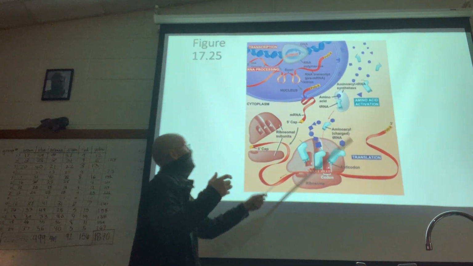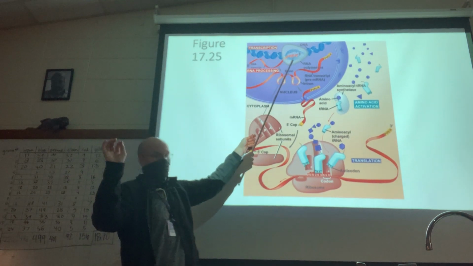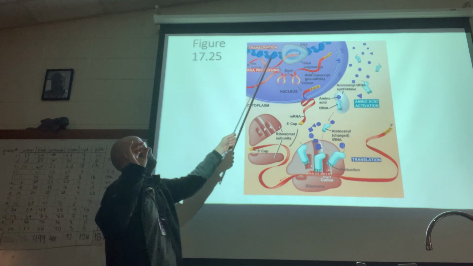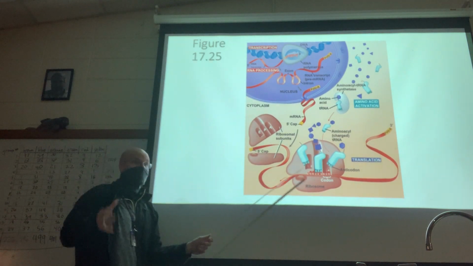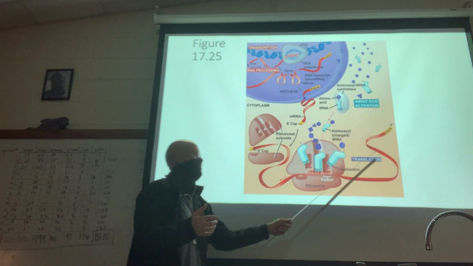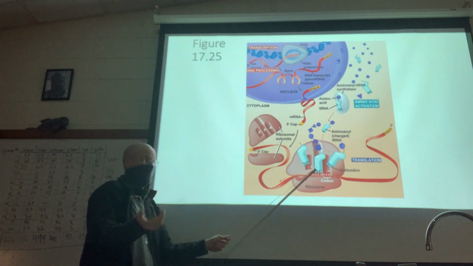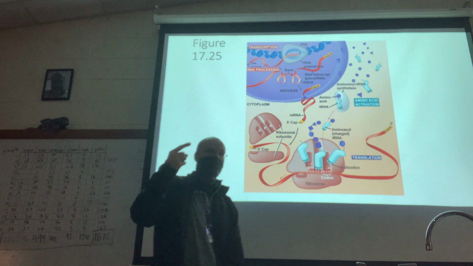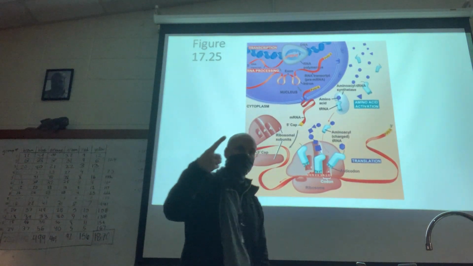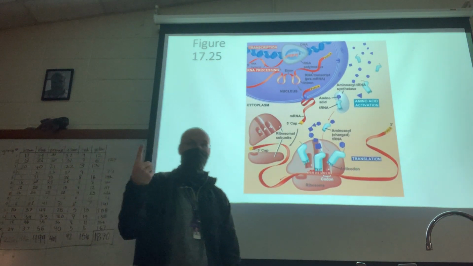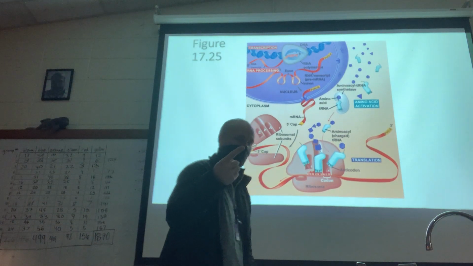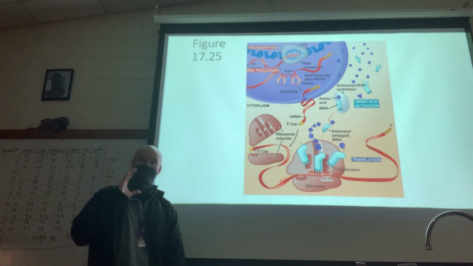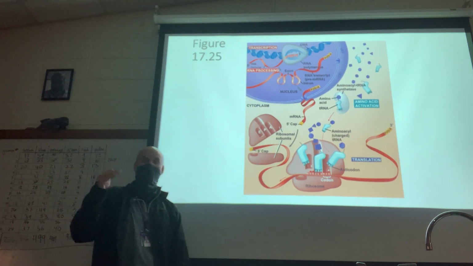And that's transcription, writing out the instructions based on what the DNA says. Translation is simply the message being read and the protein being made. So transcription is writing the message. And when I say message, I mean messenger RNA. You're making the messenger RNA. That's transcription. Translation is you take the messenger RNA and you make the protein.